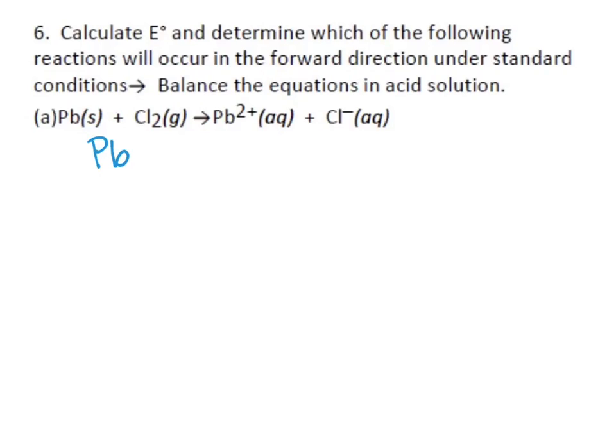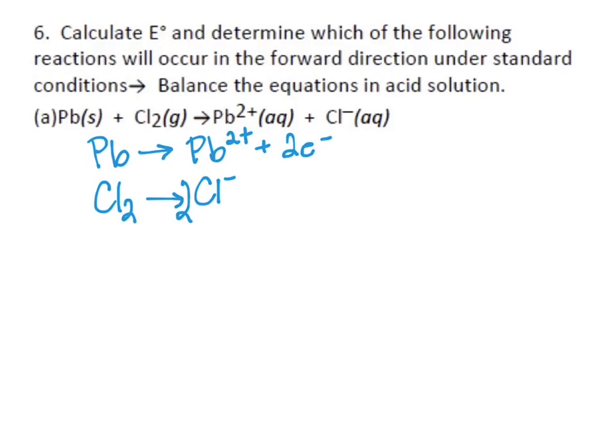We have Pb goes to Pb2+, which means I need 2 electrons. We have Cl2, which goes to Cl minus. Balance your Cl's. And then we need 2 electrons over there, because of the coefficient of the negatives, the 2 negatives.